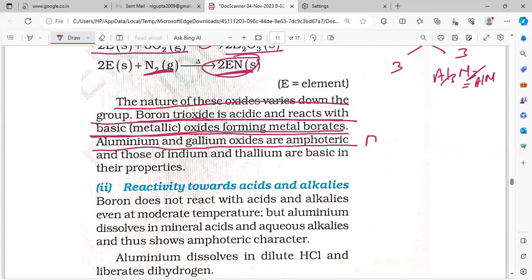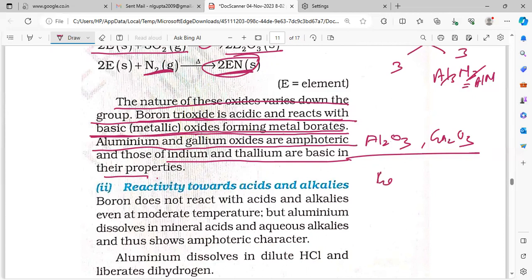Al2O3 is amphoteric, and Ga2O3 too, these are amphoteric oxides. Indium and thallium oxides are basic in their property. Keep that in mind, because down the group metallic character increases.